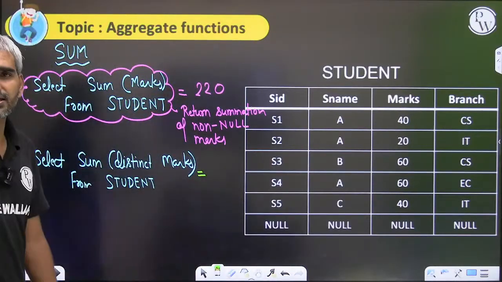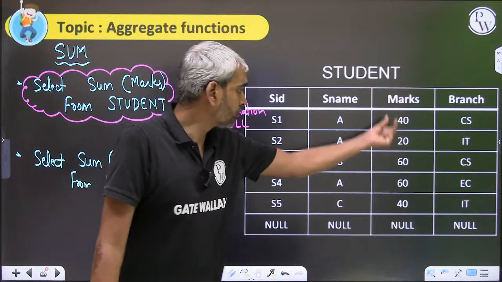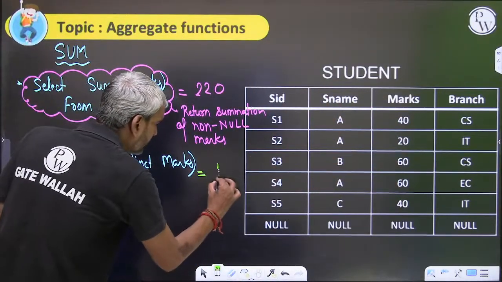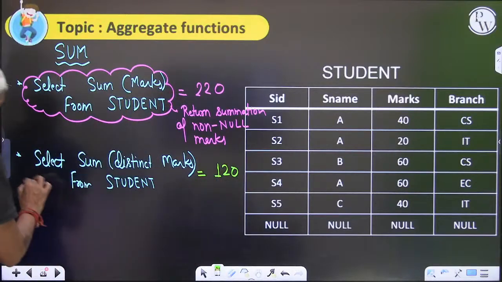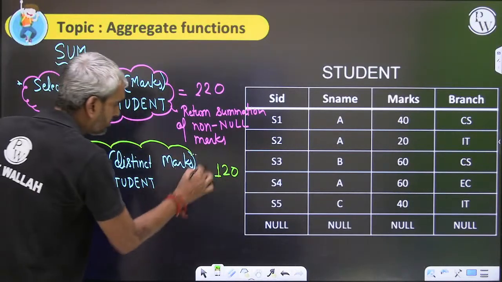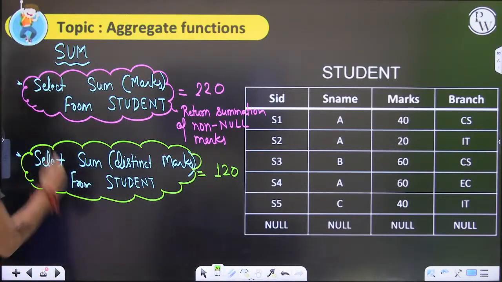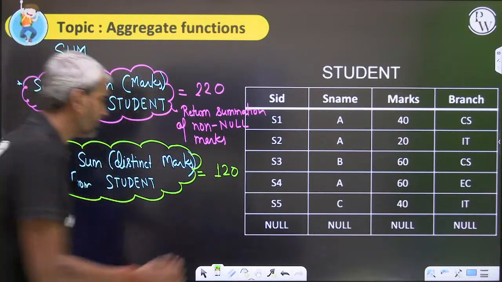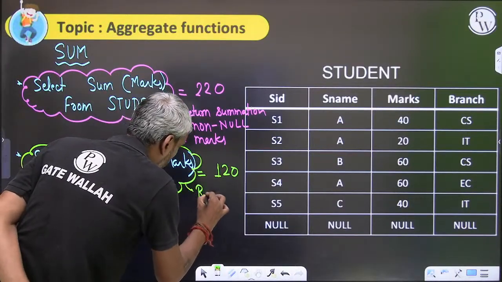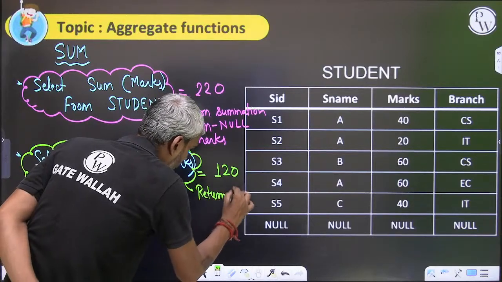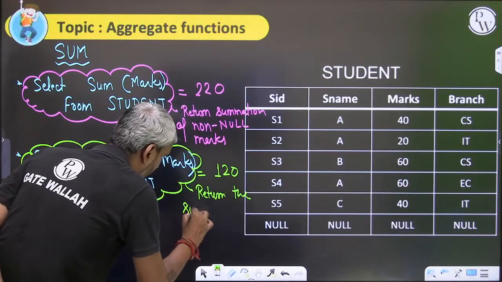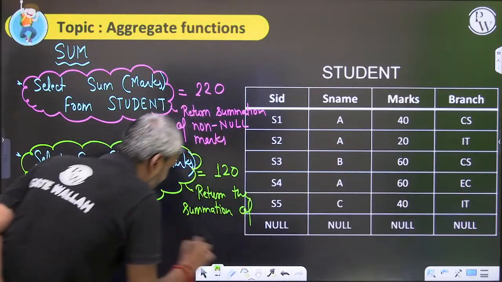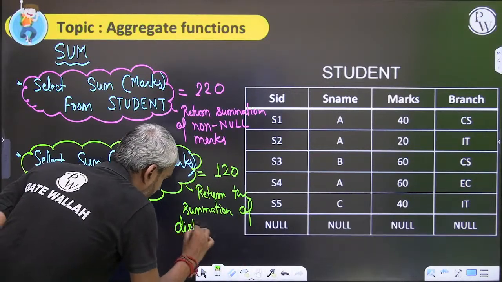In this case, the distinct marks are 40, 20, 60. The answer will be 120. What will be calculated by this? It will return the summation of distinct non-null marks.